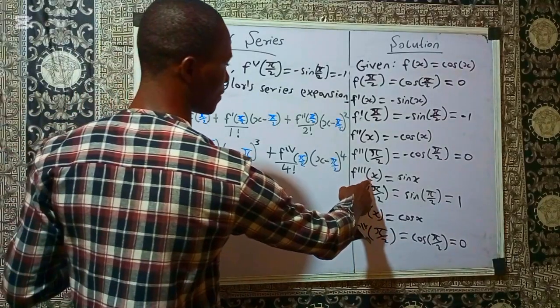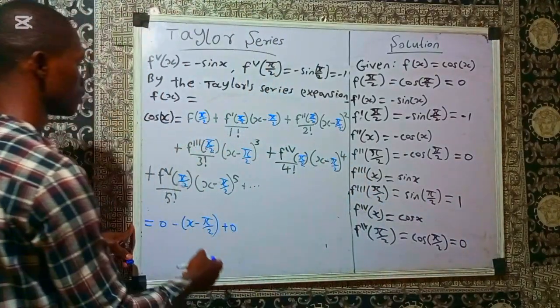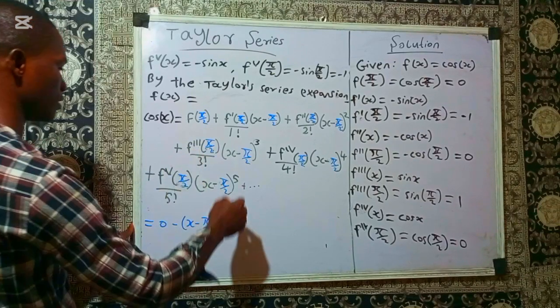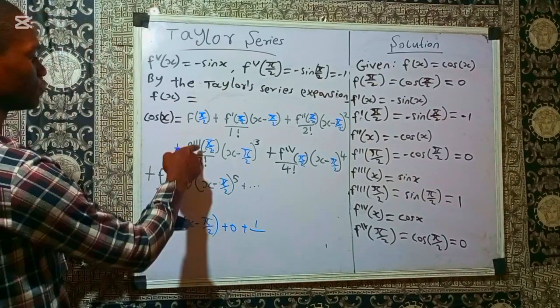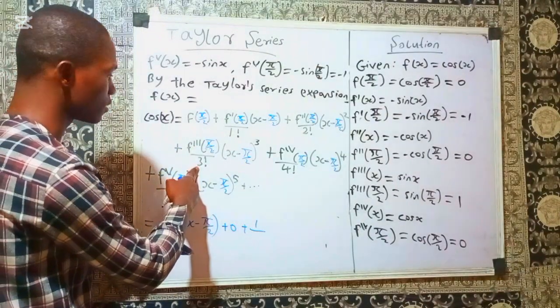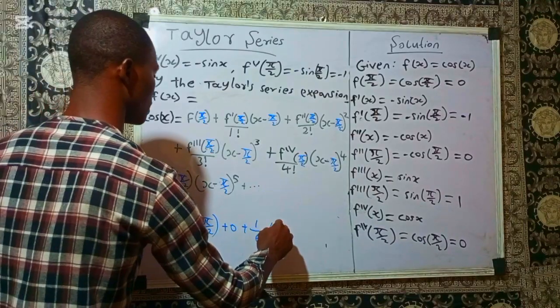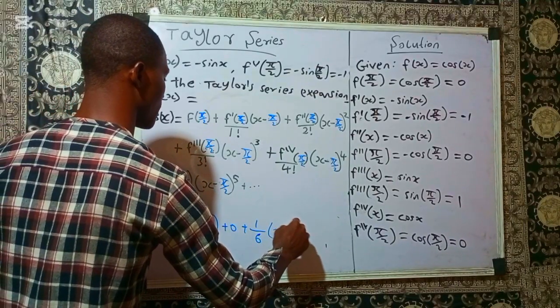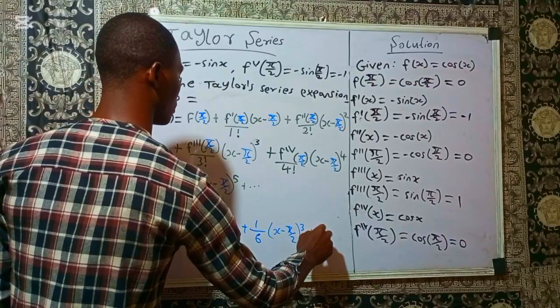So f prime prime prime at pi over 2 gave us what? 1. So if you put 1 here, you are going to have plus 1 divided by 3 factorial, which is 3 times 2 times 1, that's 6. Divided by 6, multiplying x minus pi over 2 all raised to power 3.